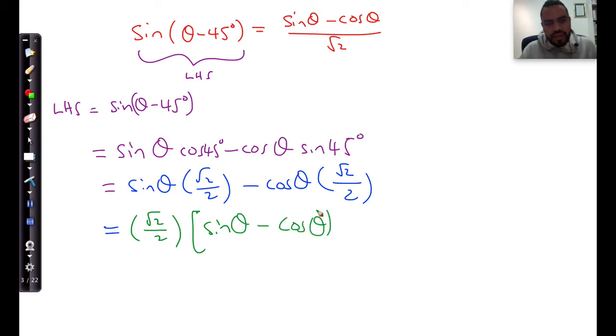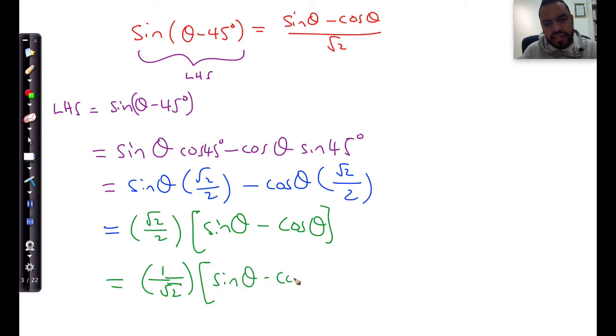Okay, now what's important to note here, I'm going to change root 2 over 2 into a non-rationalized root form, right? Because root 2 over 2 is exactly the same thing as saying 1 over root 2, multiplied by sine theta minus cos theta.